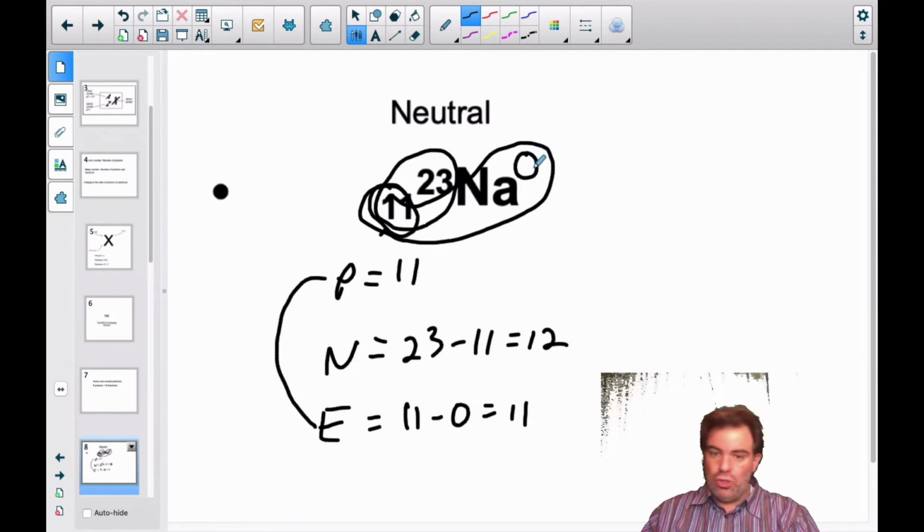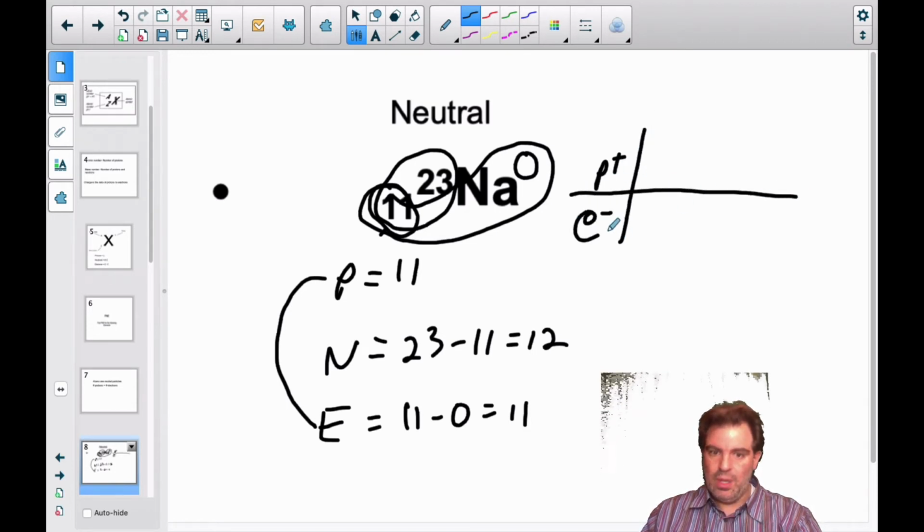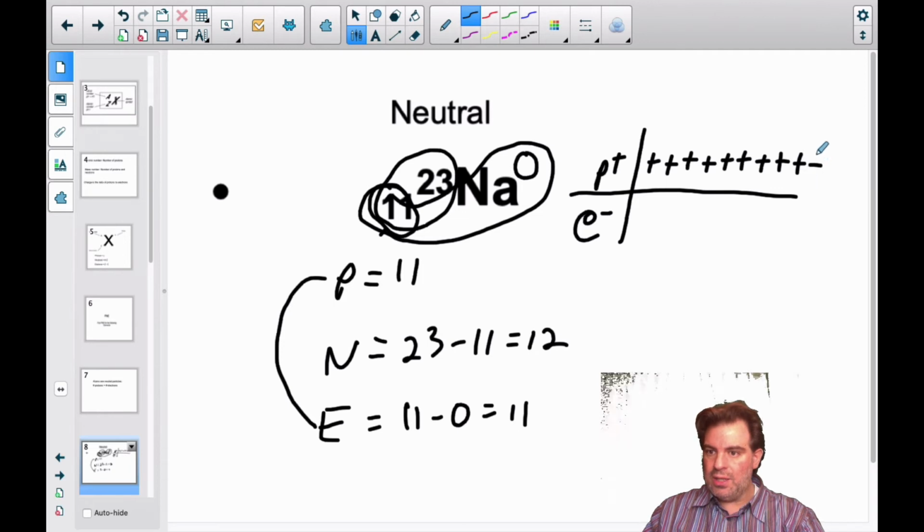Now, allow me to show you what the charge simply means. The charge, as we said, is simply the ratio of protons to electrons. How many protons did we say we have here? 11. So let's put 11 positives: 1, 2, 3, 4, 5, 6, 7, 8, 9, 10, 11.